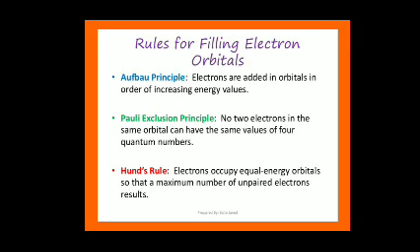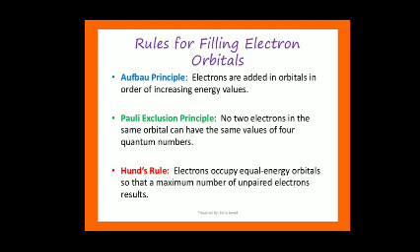How do you calculate the energy of orbitals? The energy of orbitals depends on the principal quantum number n value and the azimuthal quantum number l value. The principle is useful in the calculation of relative energies of different orbitals on the basis of the n plus l value.